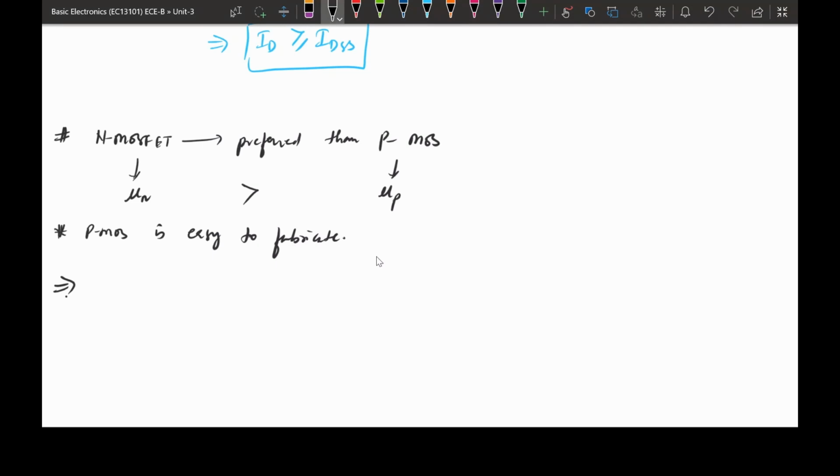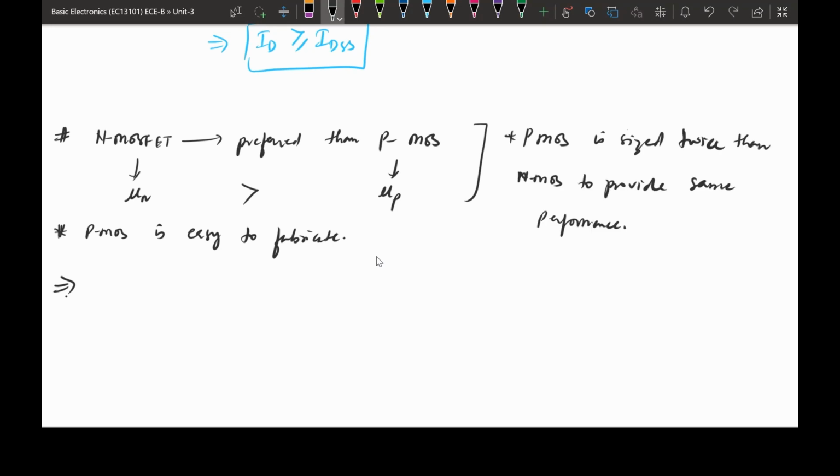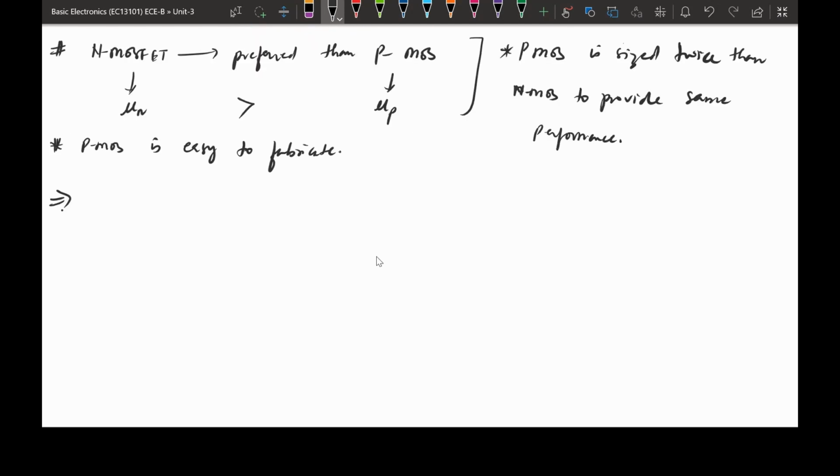If we want both to have similar performance, then PMOS requires twice the area that is required for the NMOS to provide the same performance. So PMOS should be sized twice the area of the NMOS. In case of fabrication, the PMOS is easy to fabricate.